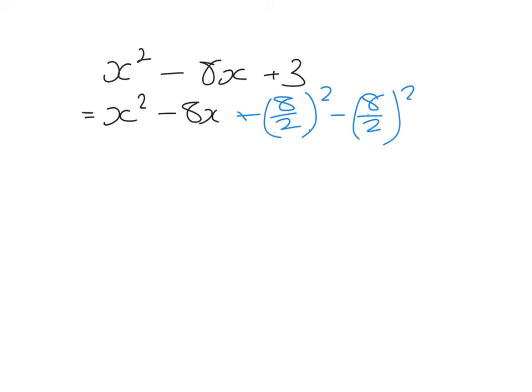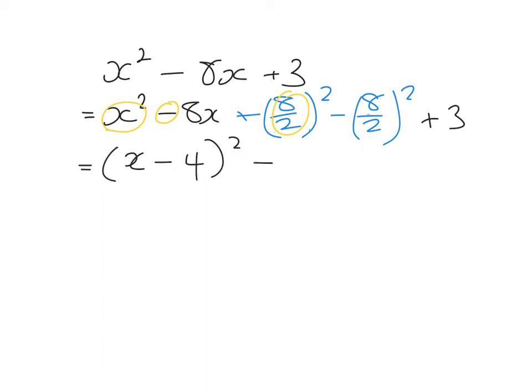And then we're going to go plus 3, which is our 3 from the original question. Now, to bring this down, we need to take that, and 8 divided by 2 simplified as 4 goes into a bracket. So we're going to have x take away 4 squared.